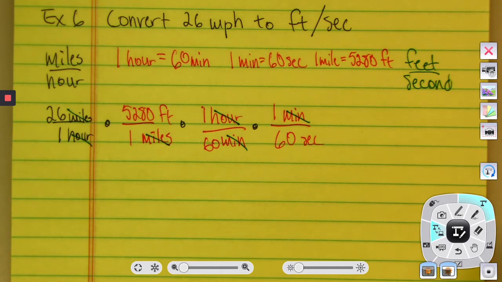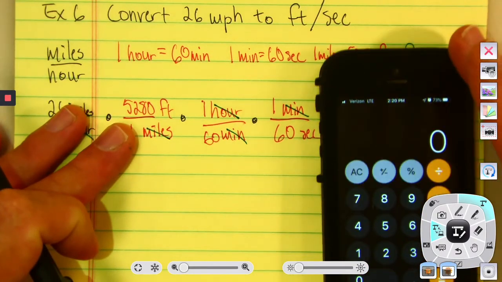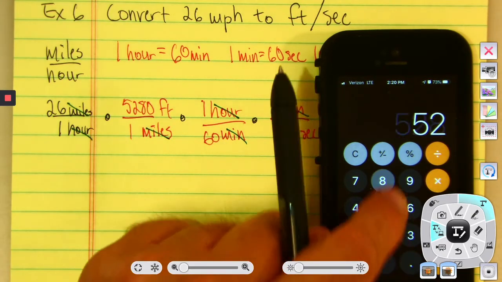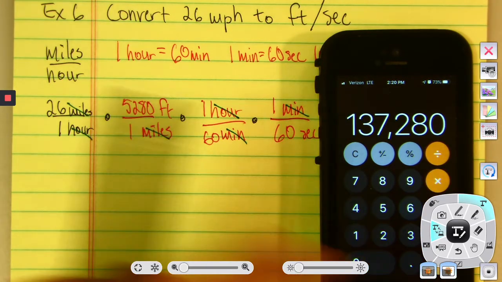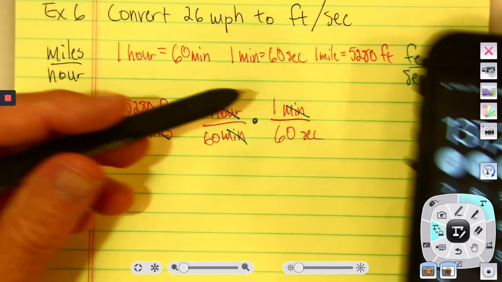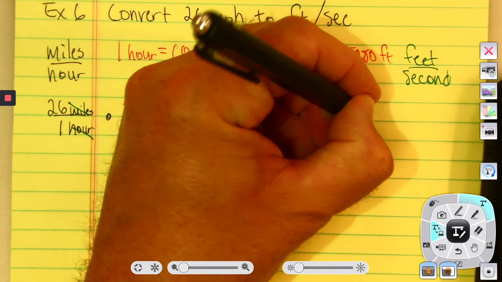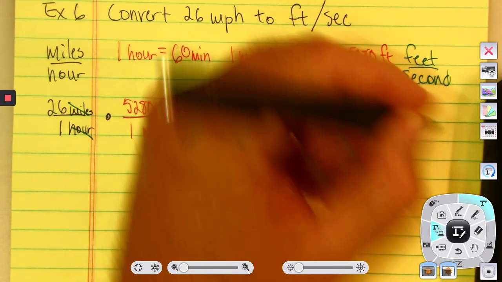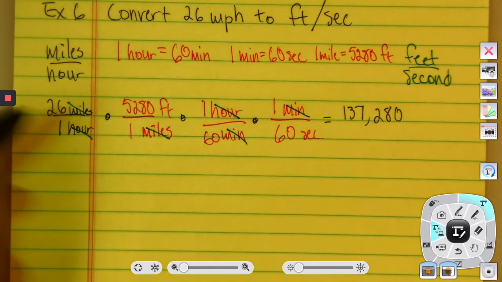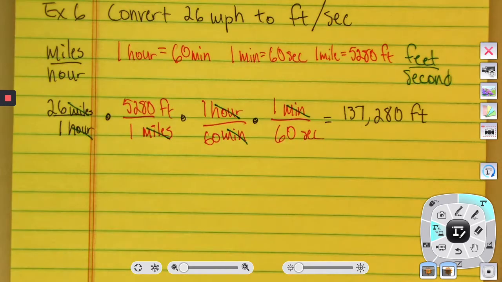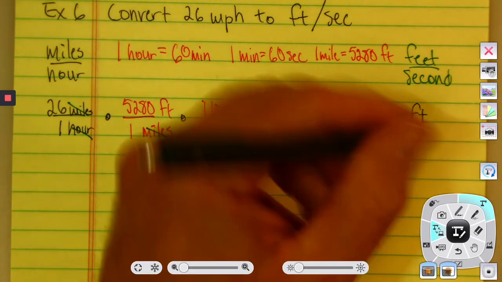Chances are I need a calculator for that. So I'm just going to put in 5,280 times 26, and times 1, that's easy. So I get 137,280. Well, that's pretty cool. And I've canceled miles, hours, minutes, and I'm left with feet, which is my goal.